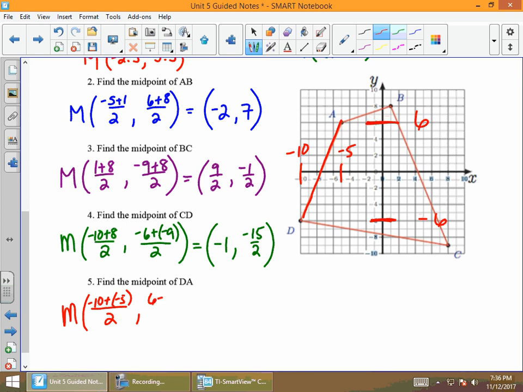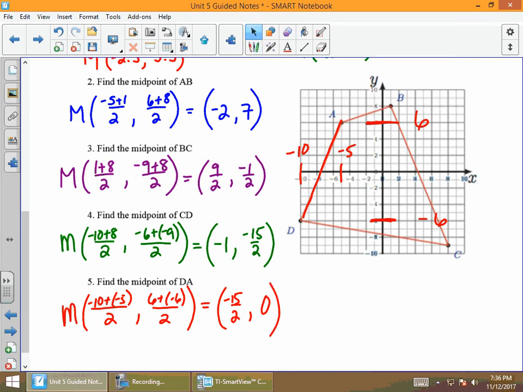So 6 plus negative 6 over 2. Negative 10 plus negative 5 is negative 15, over 2, which is negative 7.5. And 6 plus negative 6 is 0, divided by 2 is 0. So that midpoint would be at negative 7.5, 0.